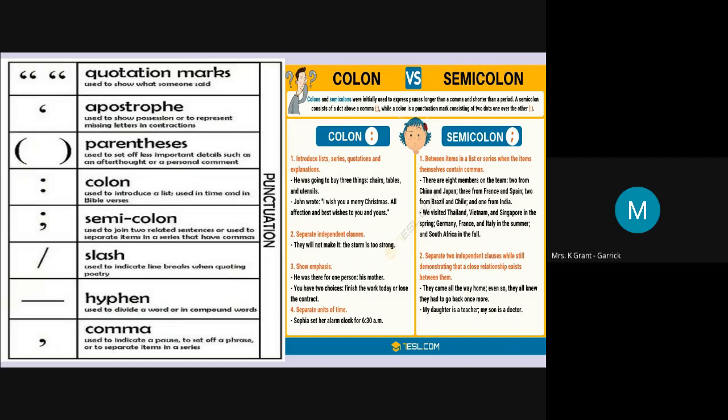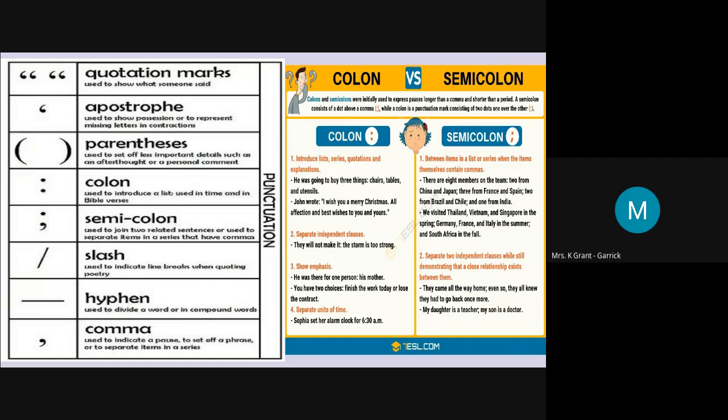We use the apostrophe to show that someone owns something, or to show contraction, and contraction simply means when we want to shorten a word. Now, the parenthesis: over the years we have mistakenly named it brackets, but it's actually parenthesis. This is used to set off important details, such as an afterthought or a personal comment.